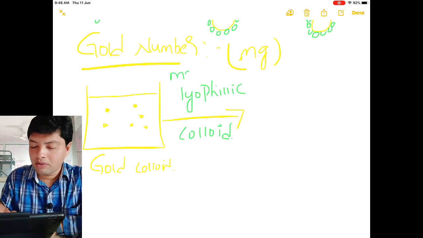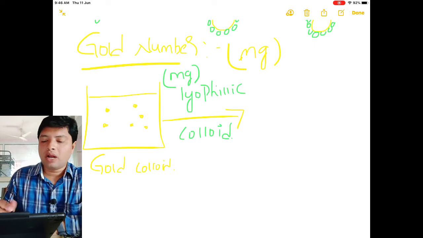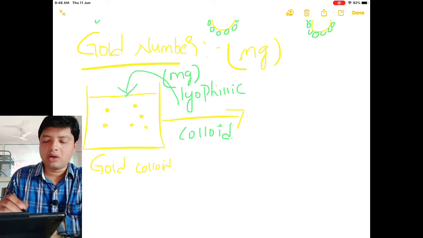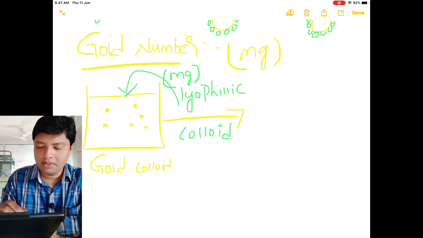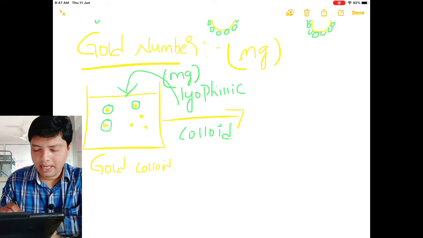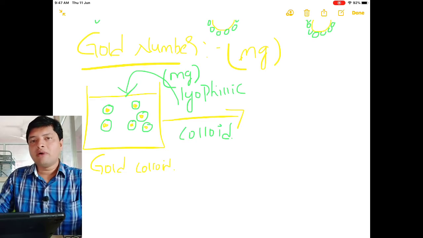How much amount? I don't know. Let's assume some mg of lyophilic colloid is being added to the gold colloid. Now, what happens? This lyophilic colloid will form a solvent sheath around the gold colloid like this, and it will try to protect.